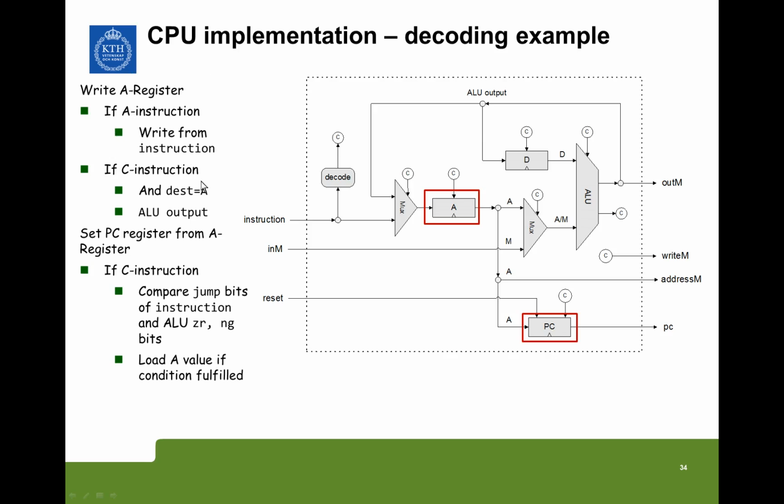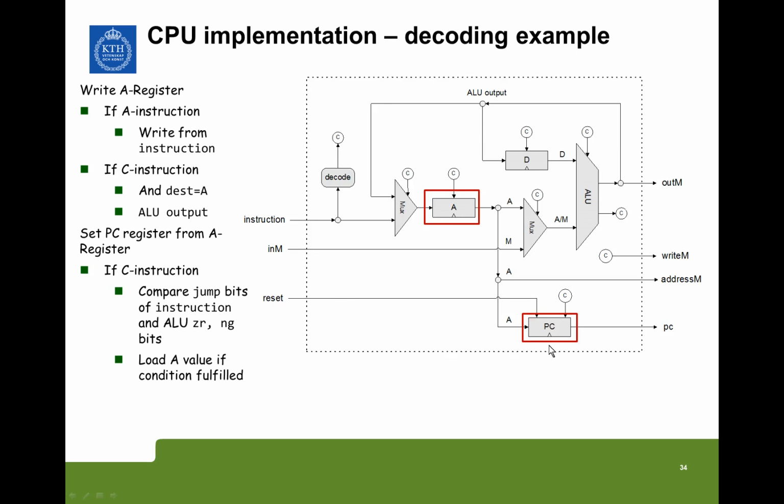If the instruction is a C instruction, and this we can see from the most significant bit of the instruction, and in the C instruction the destination or one of the destinations is the A register, then the ALU output has to be written to the A register. And also in the figure we can see that there are two possible paths to the A register, either from the instruction or from the output of the arithmetic unit.